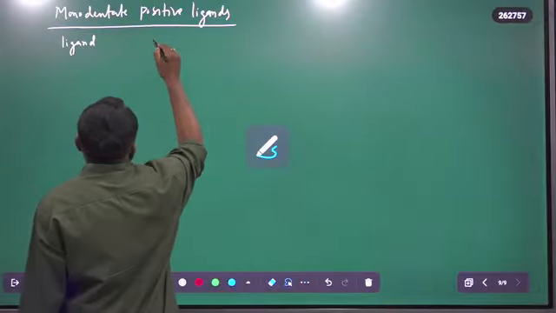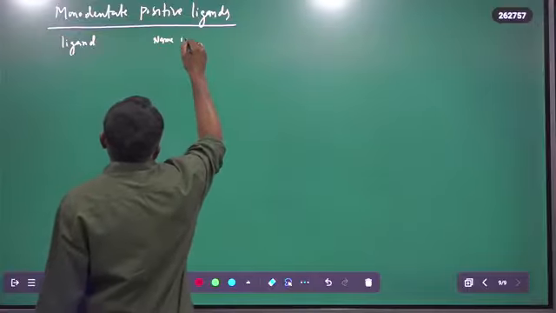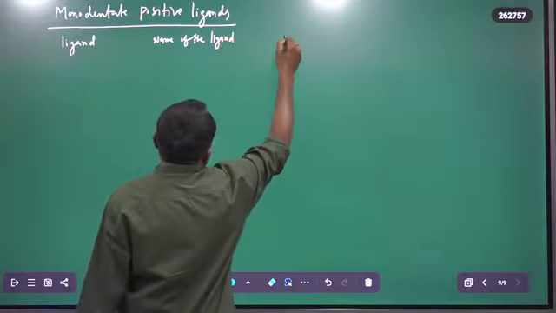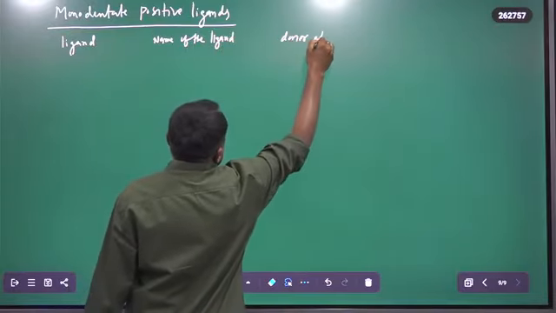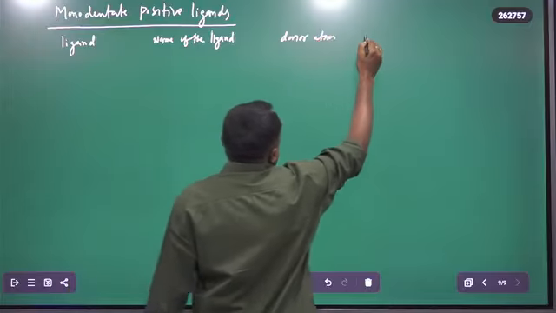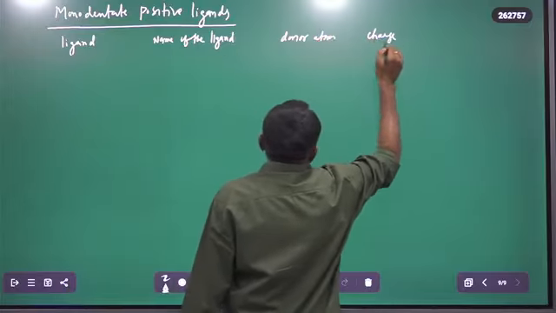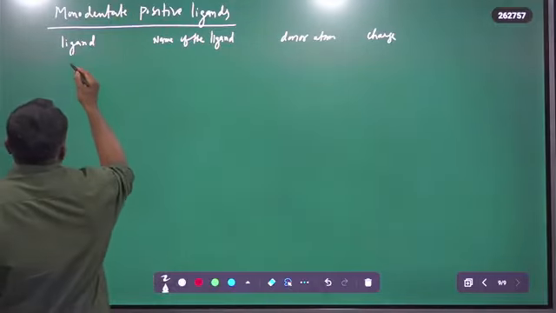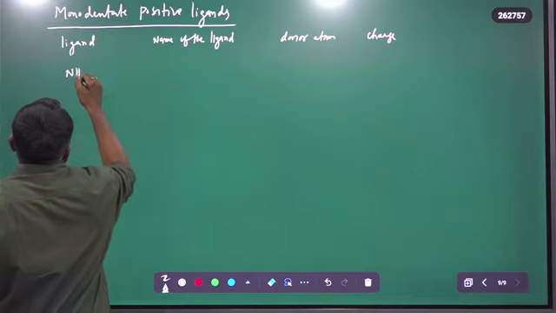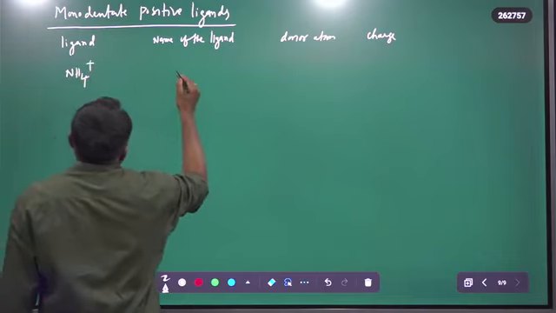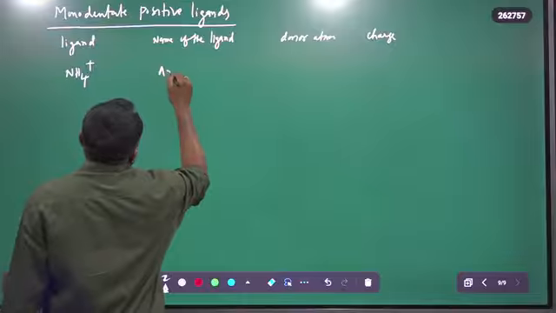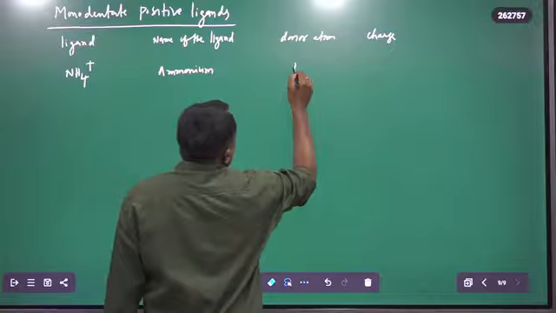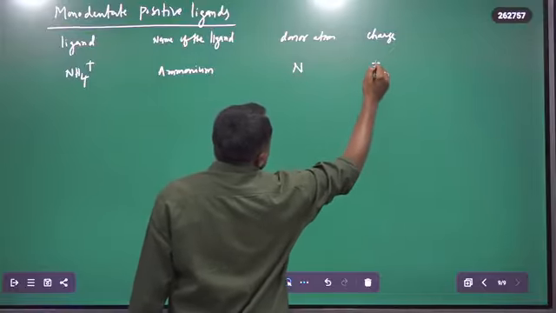This is the ammonium ligand. So the name of the ligand is ammonium, and the charge is positive, because this is a positive ligand, that's why the charge will be +1. So NH4+ is the ammonium ligand, the donor atom is nitrogen in that case, and the charge is positive.